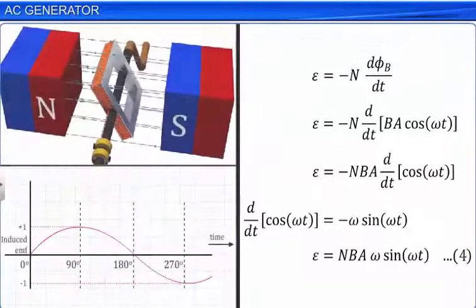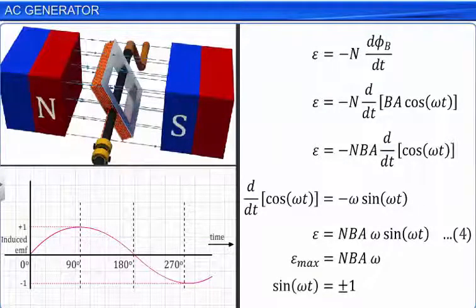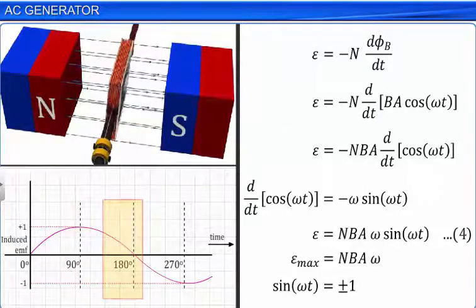Note that NBA omega is the maximum value of the EMF that occurs when the value of sin omega t is plus or minus 1. That is, when theta is 90 degrees or 270 degrees.